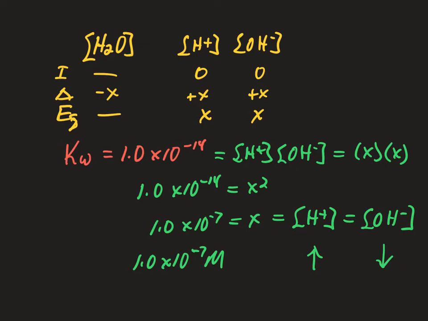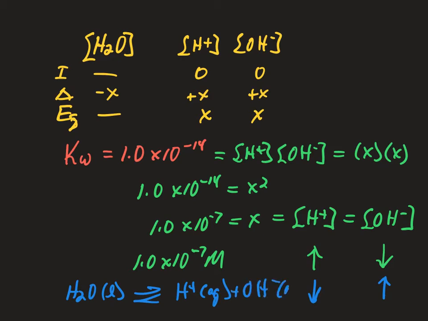Similarly, if hydrogen ions go down, the concentration of hydroxide ions will have to go up to maintain our equilibrium, because hydrogen ions and hydroxide ions are locked together by the equilibrium of water. If one changes, the other has to change to keep this number constant. That is the constant number.